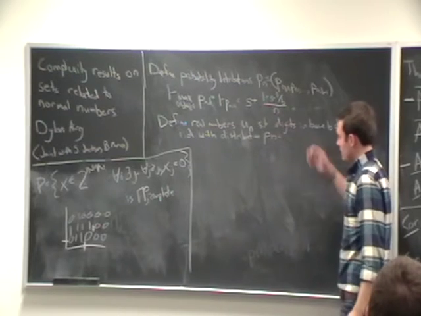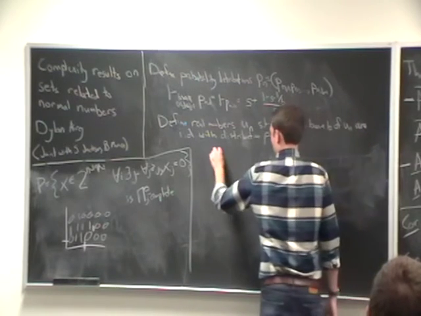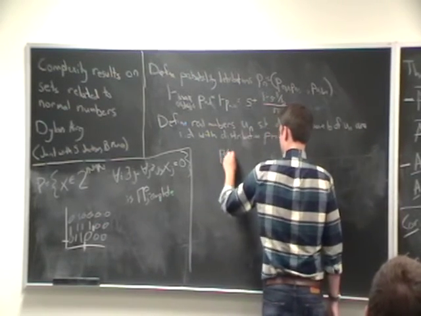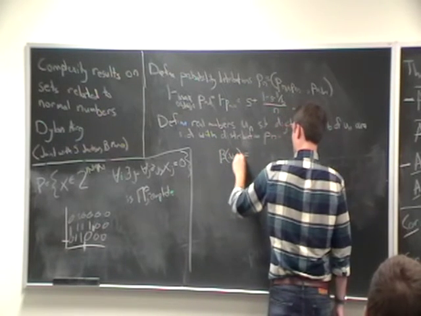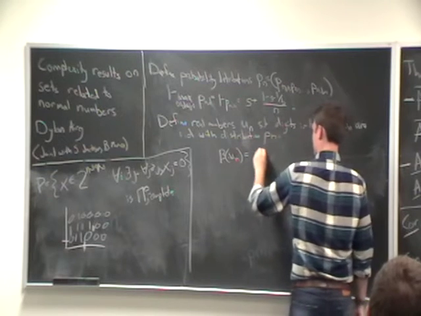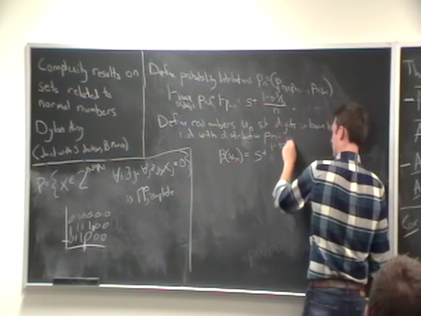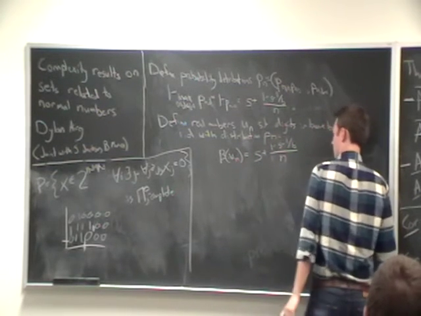Then it turns out to be a pretty easy computation. We're going to have that the noise of u sub n is equal to s plus (1 minus s) minus 1 over b to the n.